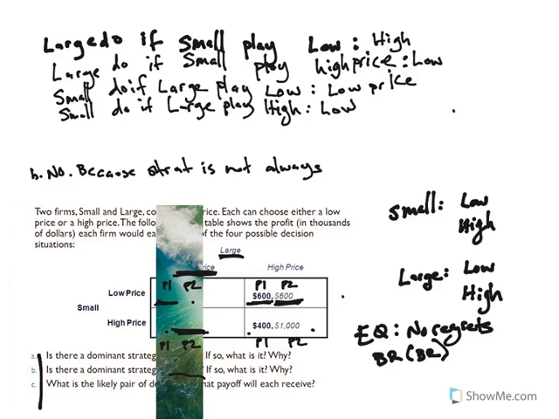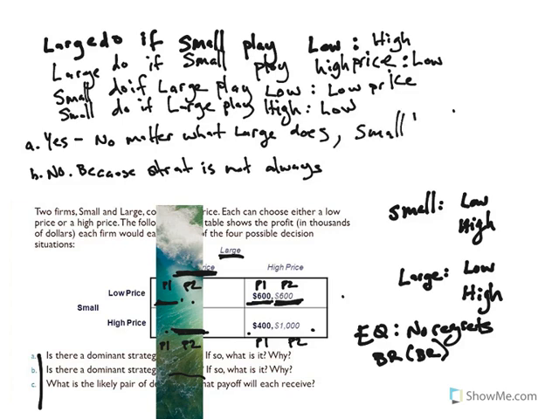So does small have a dominant strategy? The answer is yes. No matter what large does, small's best strategy is always low price.